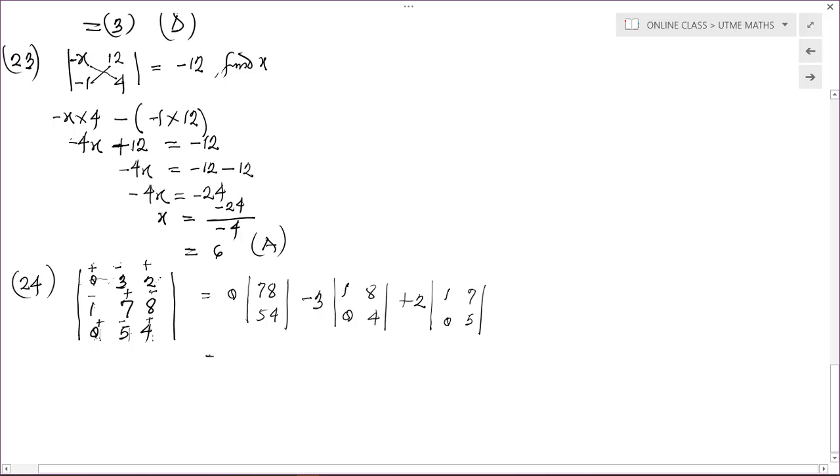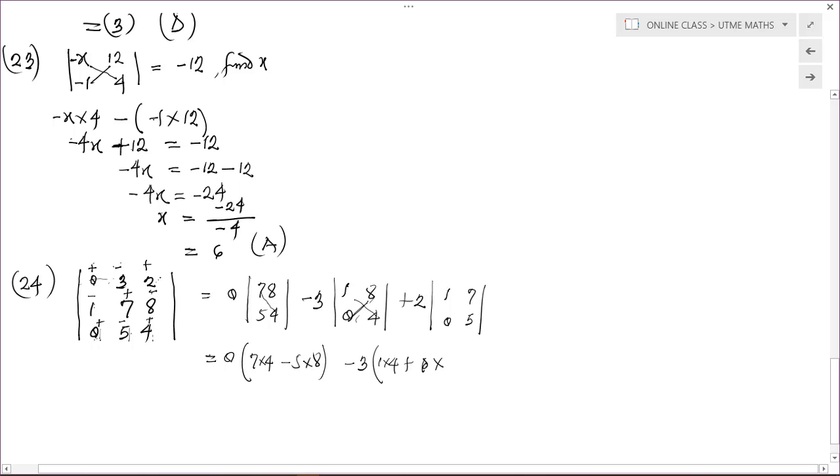So here, what are we doing? It's going to be 0 in bracket 7 times 4 minus 5 times 8. Whether we do it or not, what we get there is 0 because everything is multiplied by 0. Minus 3 in brackets, this is 1 times 4 plus 0 times 8.